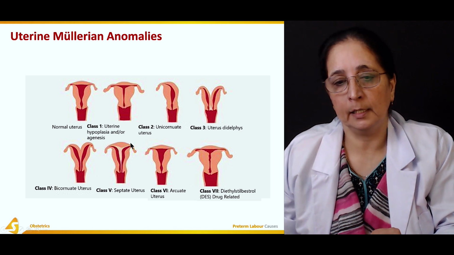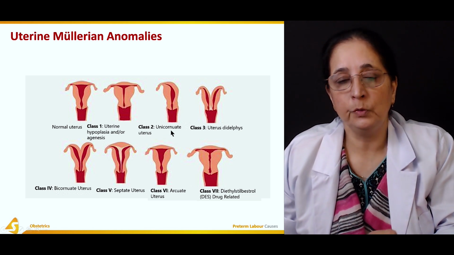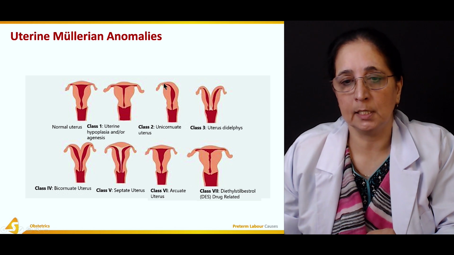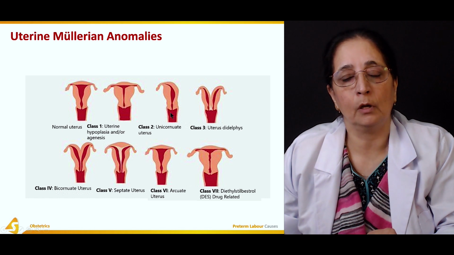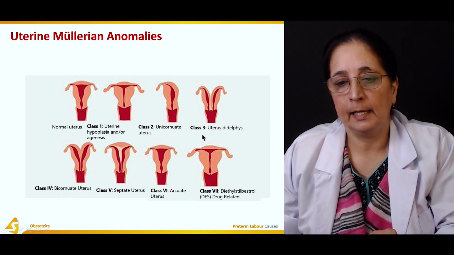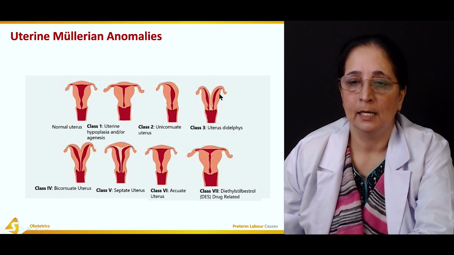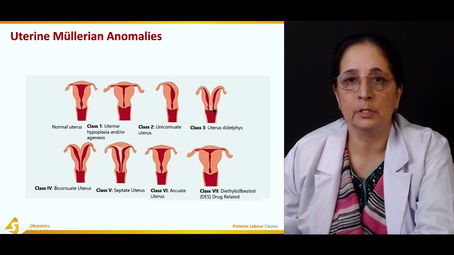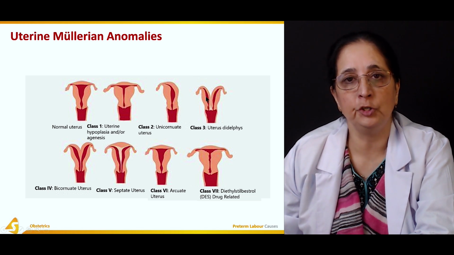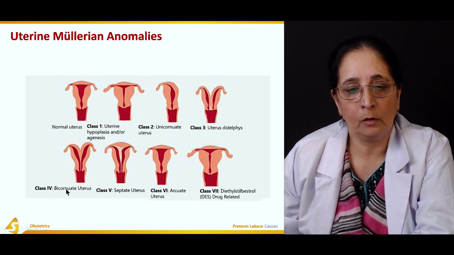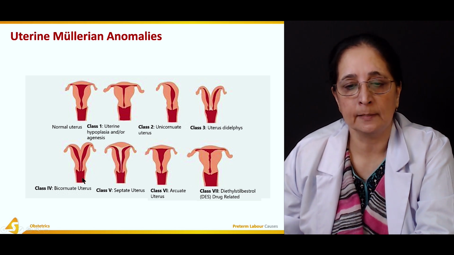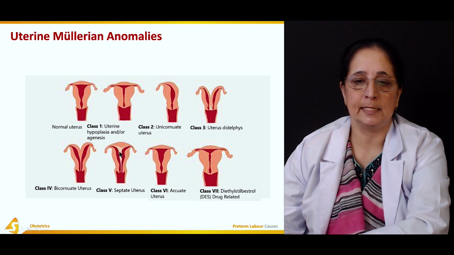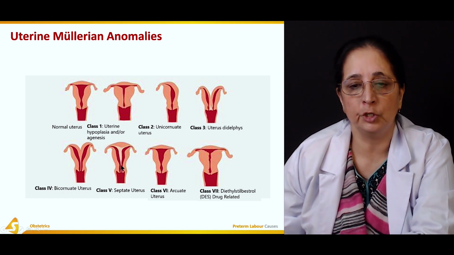Then we have in class 2 the unicornuate uterus. This is the single cornua of the uterus. Then in class 3 we have uterus didelphys. You can see there are two separate partitions of the uterus. Bicornuate uterus, there are two cornua of the uterus. Septate uterus, there is a septum in the middle of the uterus.